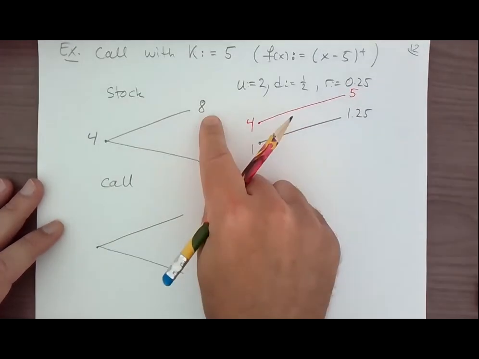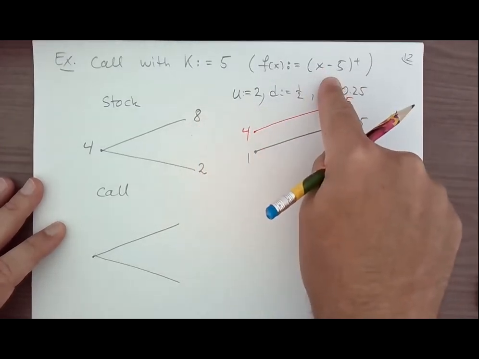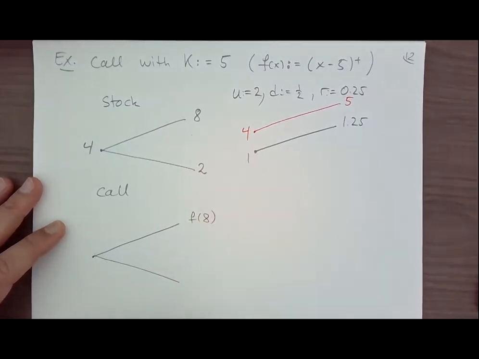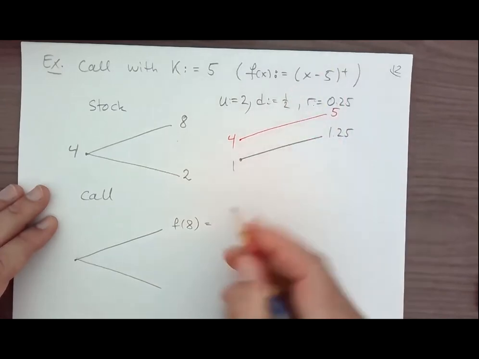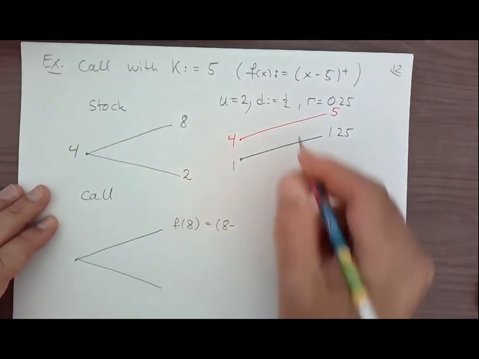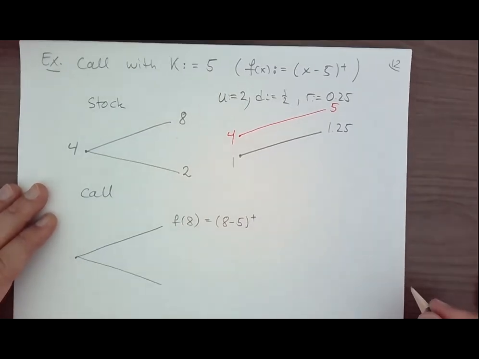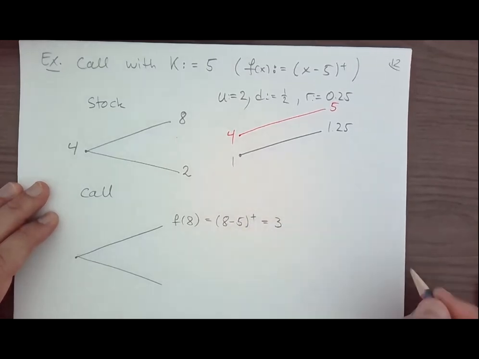Instead of the 8 up here, I need to plug 8 into the formula, into F, and figure out what that is. This is equal to 8 minus the 5, which was the strike, and then I take the positive part. This ends up being 3.